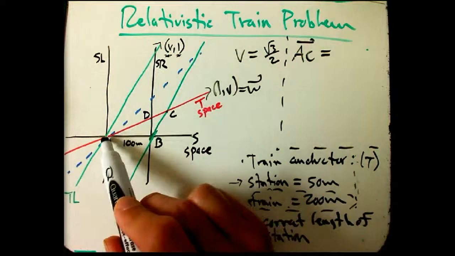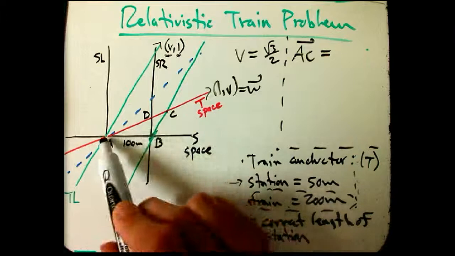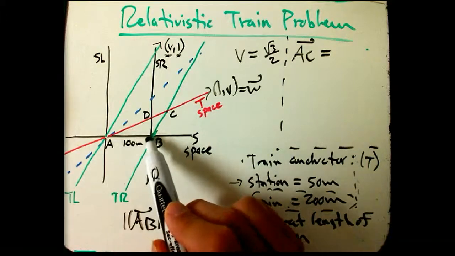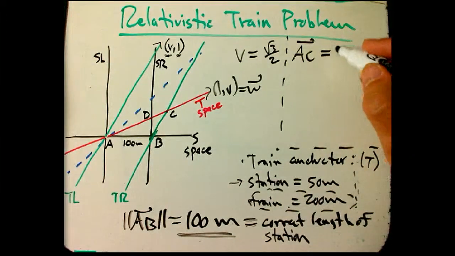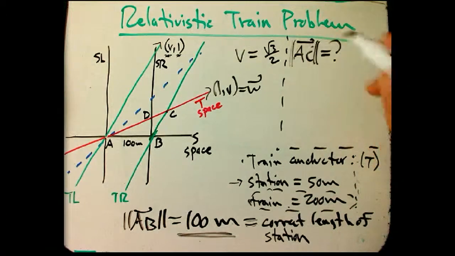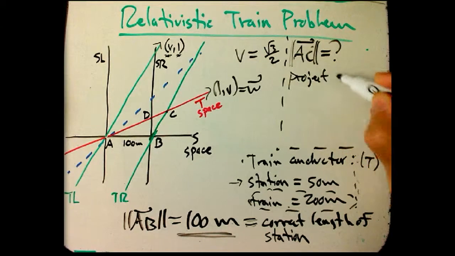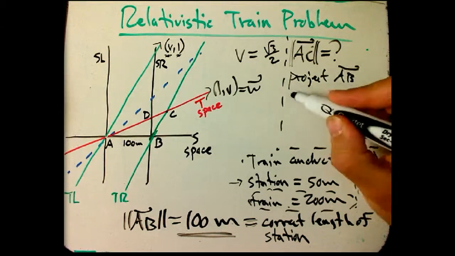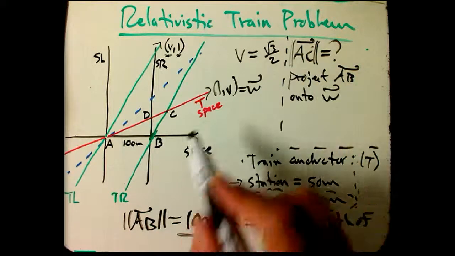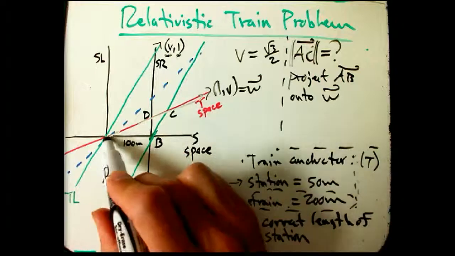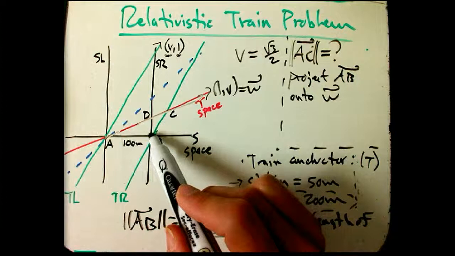So what we're going to do is find the length of that by projecting a known vector perpendicular to this one. We really want to find the magnitude of this. So we're going to project AB, which has a known length, onto the direction W. Here's W, and I've got a vector that's definitely not perpendicular to the green, but then I'm going to project it onto this.